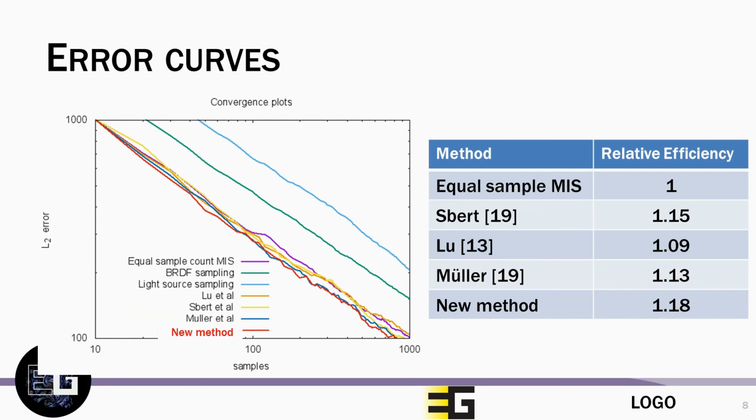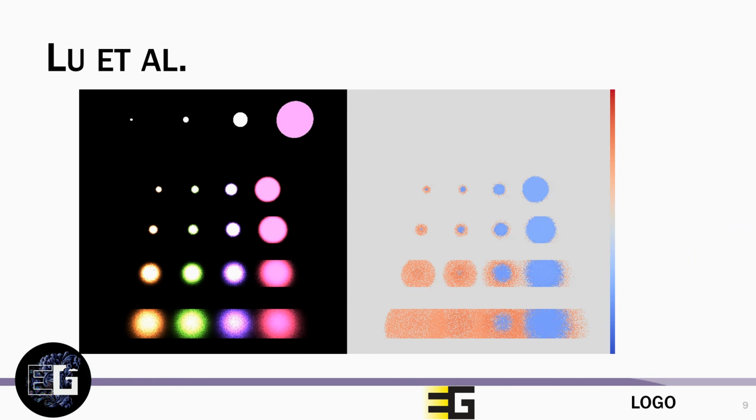We have compared equal sample budget multiple importance sampling, considering it as a reference, and the relevant previous work with our new proposal. Note that there is room for close to 20% improvement. Liu et al. used Taylor's approximation of the variance around the equal budget case and solved the resulting equation for the weight.